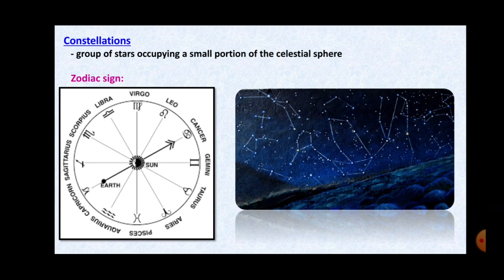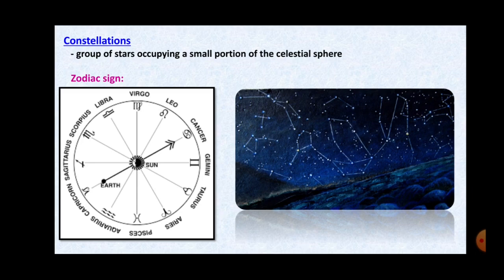Now students, in the previous slide I had explained to you about the ecliptic. The circle which describes the apparent motion of the sun around the earth is called the ecliptic. Now the ecliptic is imagined to be divided into 12 equal parts, and each part is called a Rashi or zodiac sign.